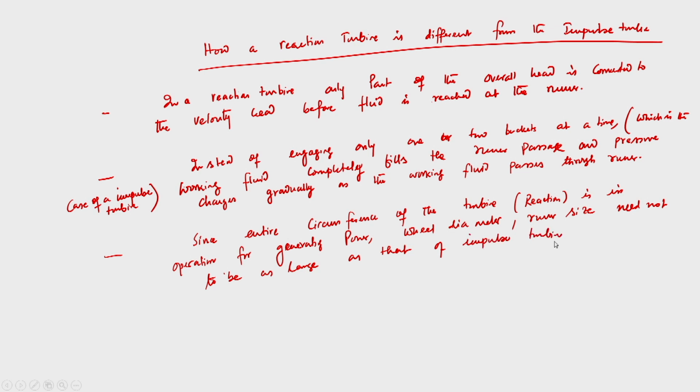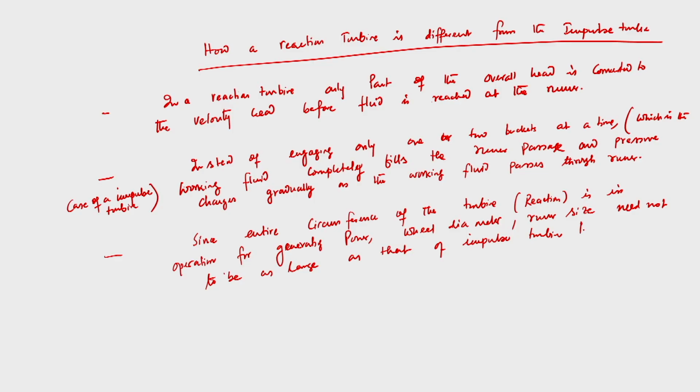Since, as I said, the entire circumference is in operation, that means the pressure changes gradually as it passes through the runner, so the entire runner passage is in operation while this energy conversion takes place. That is why the runner size need not be as big as that of an impulse turbine to obtain the same power output.